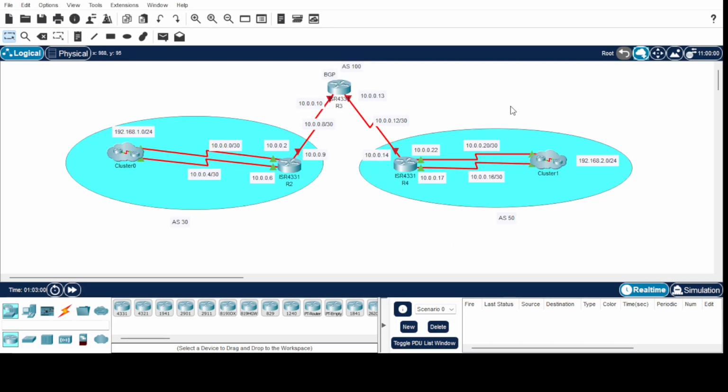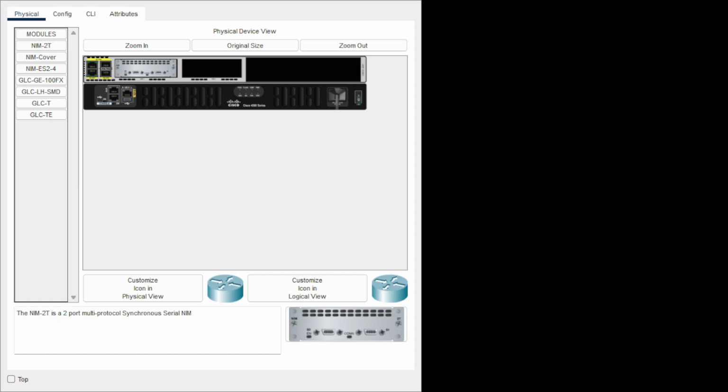So at the BGP router, router 3, we have to bring it up.